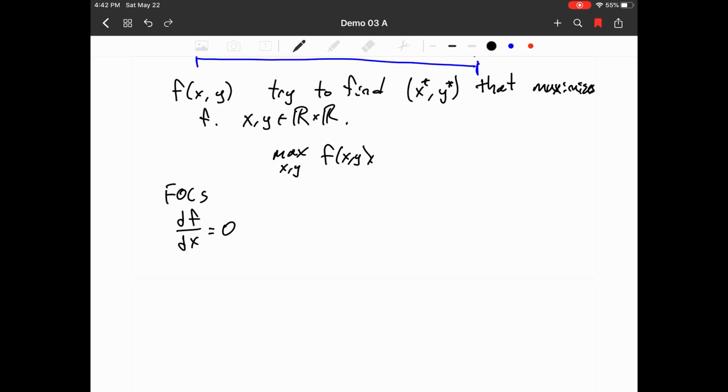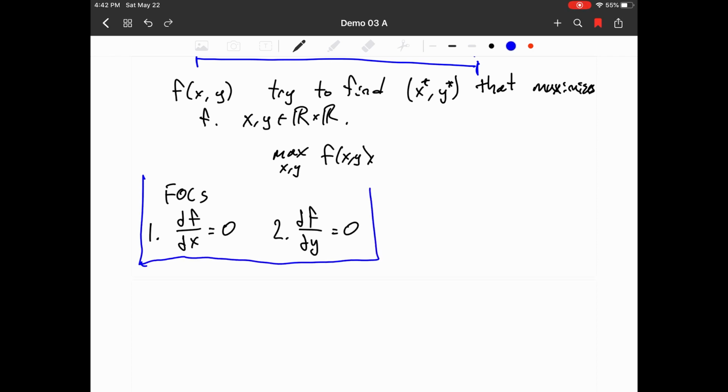And we're just looking for all the points that correspond to a slope of the tangent line in the x dimension that are flat. So this is our first order condition. Call this 1. And our second is just the same thing, but for y. Okay. So these are our first order conditions.